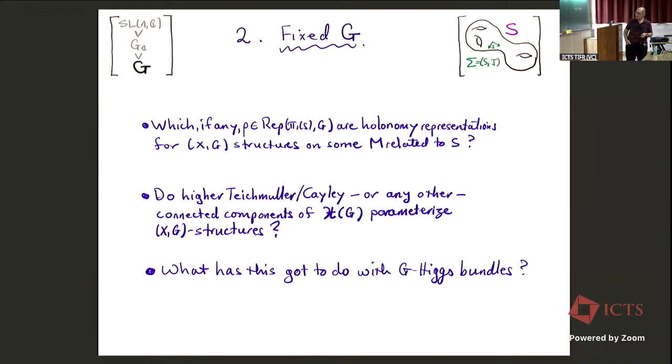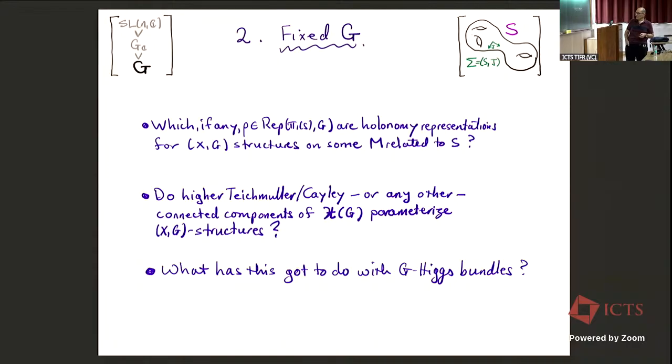In particular, when the representation variety has multiple components, you can ask in what sense do any of the components parameterize X_G structures?